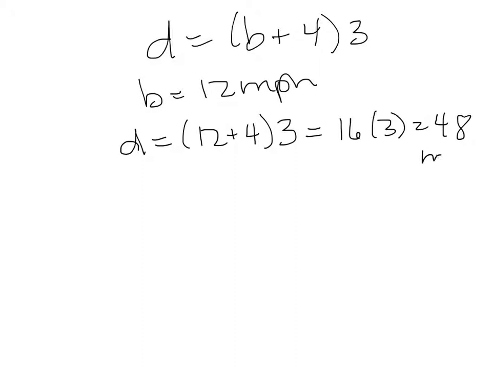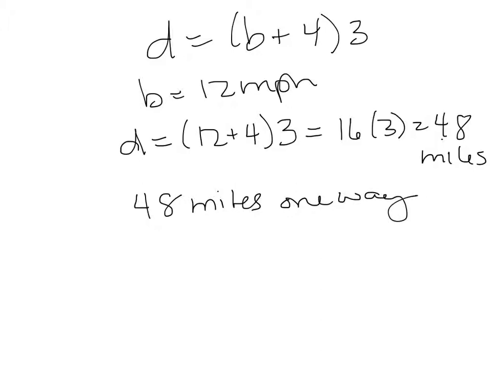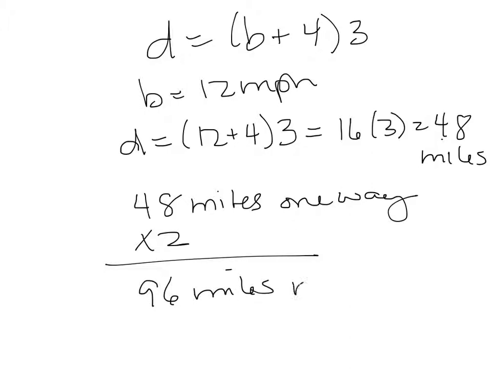And this is a distance, so it's miles. But remember that d was only our one-way distance. So it's 48 miles one way. To find our round trip distance, we simply multiply by 2, and we get 96 miles round trip.